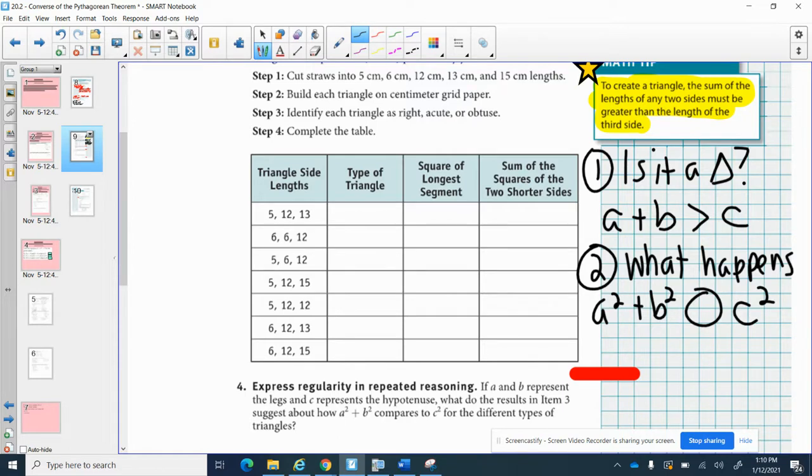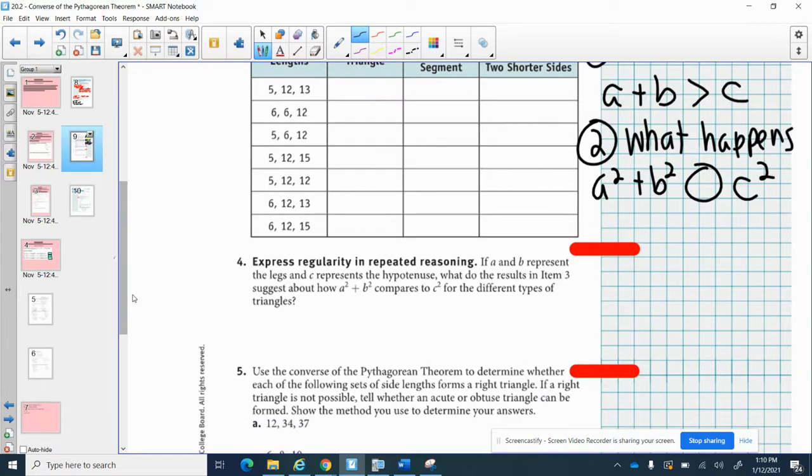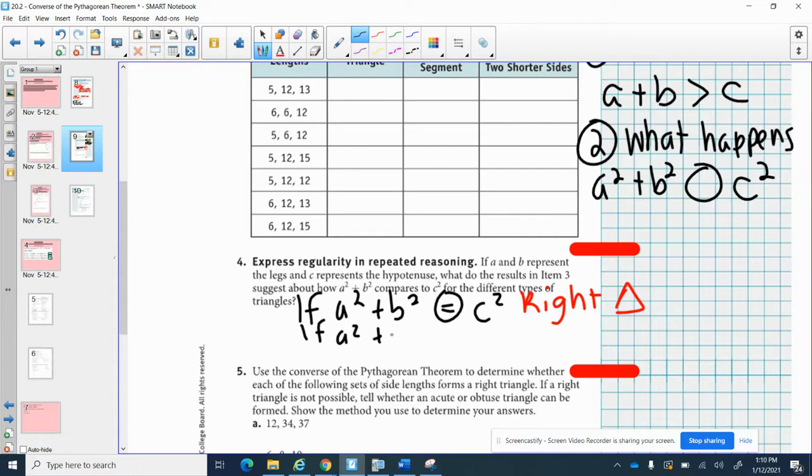Okay, what's going on here? Because what we see down here is if a squared plus b squared is equal to c squared, it's a right triangle. If a squared plus b squared is greater than c squared, it's an acute triangle.